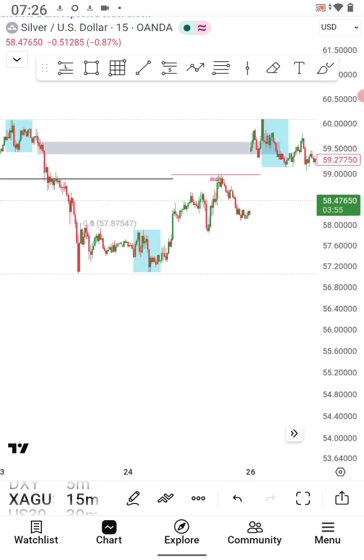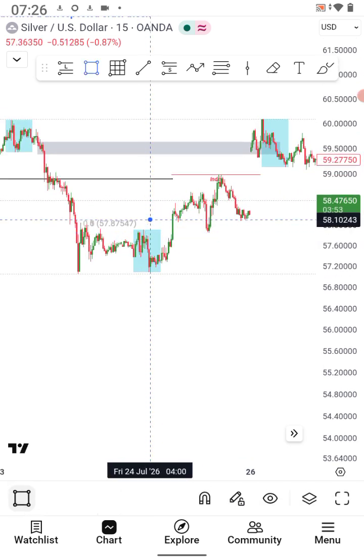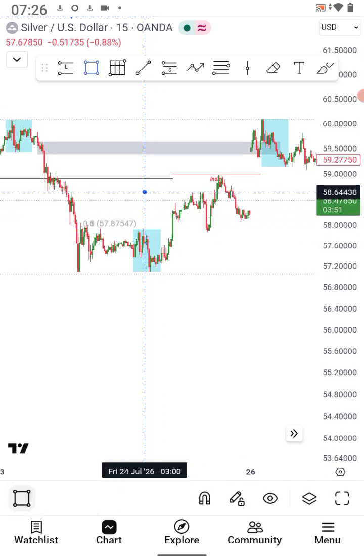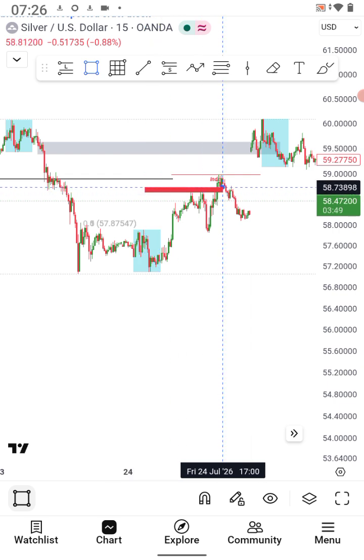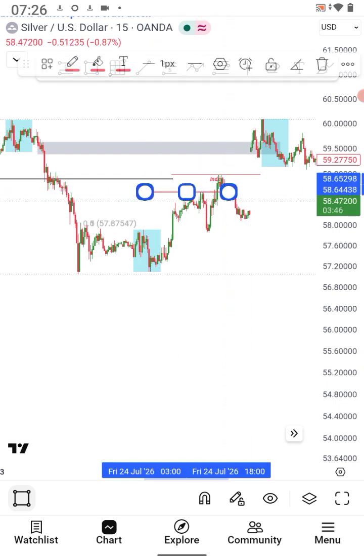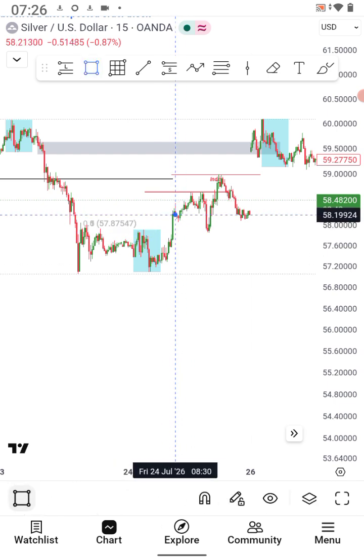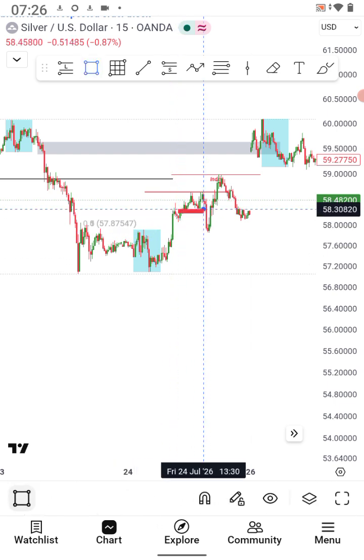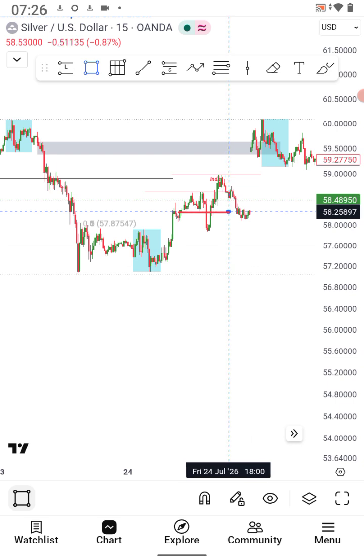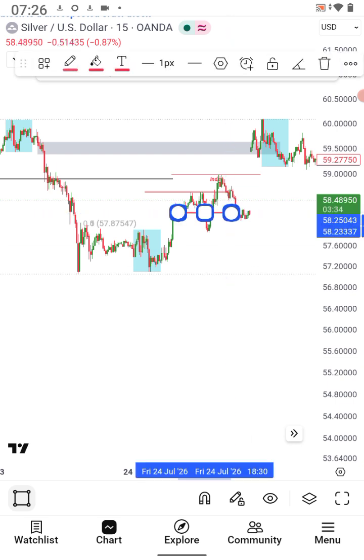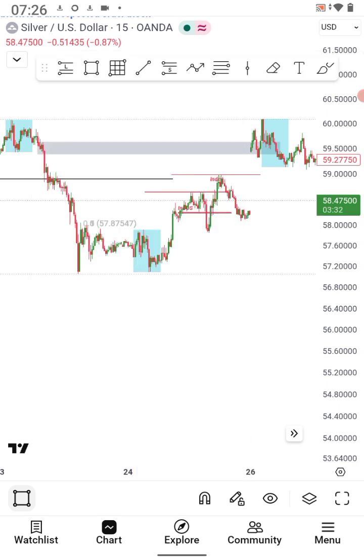If this one had not been printed, this is what I would have used as inducement, which is still valid because it's above 50%. Are you seeing it now? So I marked this first as inducement, and then I marked this down as inducement break of structure.